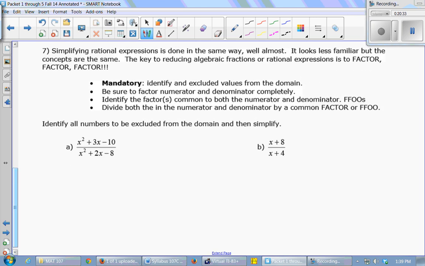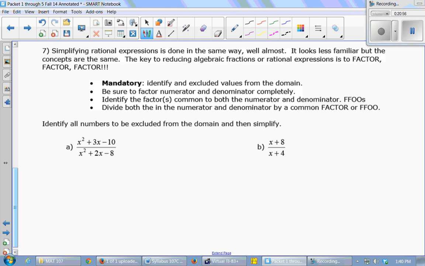Okay, so to simplify a rational expression, you do the exact same thing you did with a fraction that just has numbers in it, almost. It looks less familiar, but the concepts are the same. The key to reducing a rational expression is to factor, factor, factor, okay, as much as you can. So here are the steps. First, identify any excluded values from the domain.